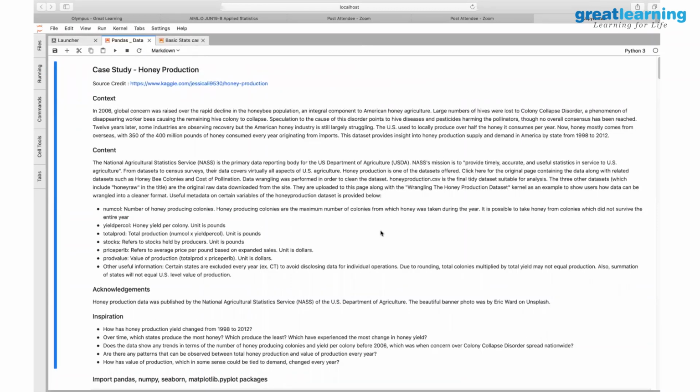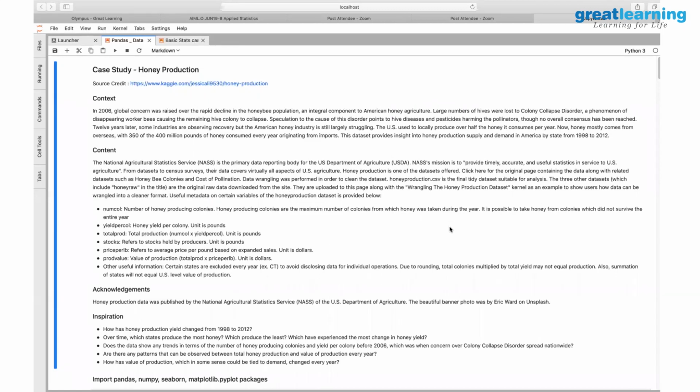Okay, this case study is all about honey production in the United States. What they have realized is that historically the US has been very self-sufficient in honey production and consumption, but they started importing honey from other countries.